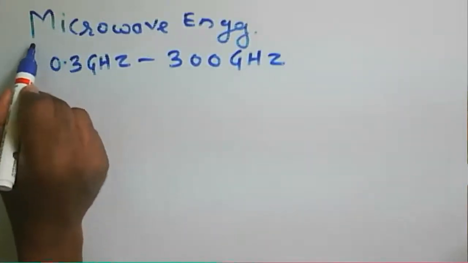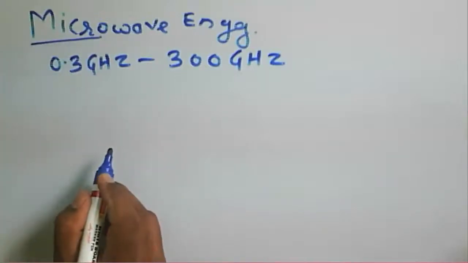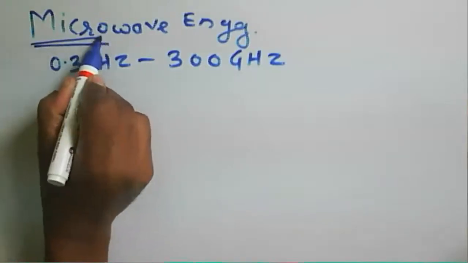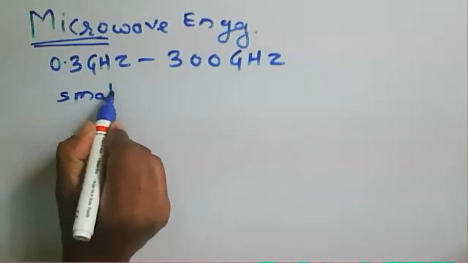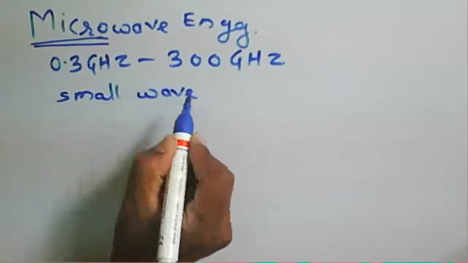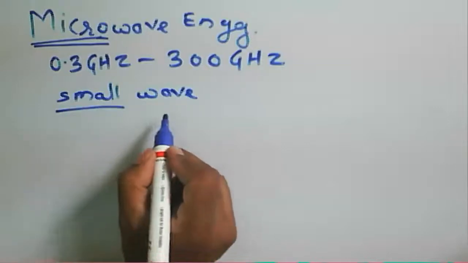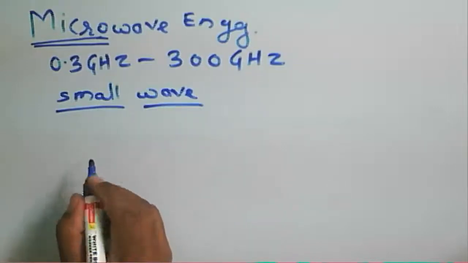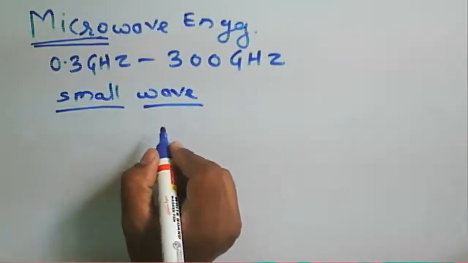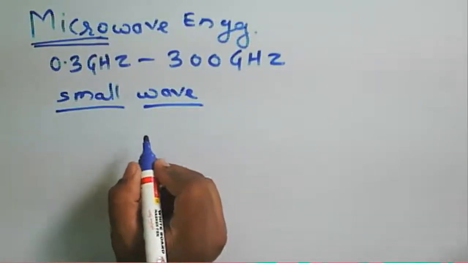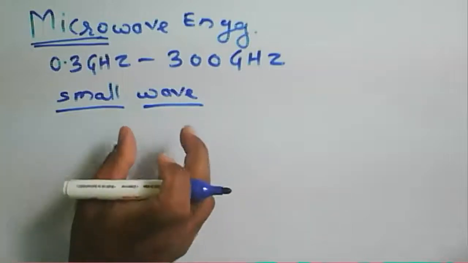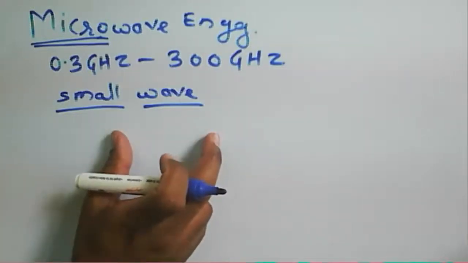Now the word microwave: micro is nothing but small, so microwave means a small wave. In relation to the wave, a small wave is nothing but a small wavelength.